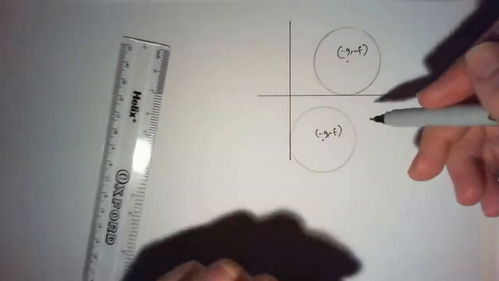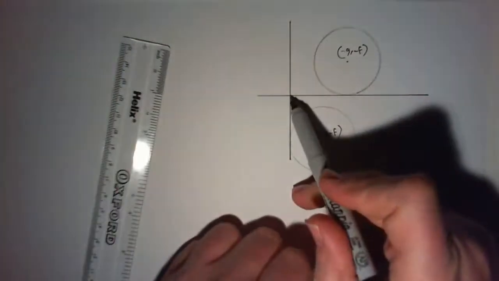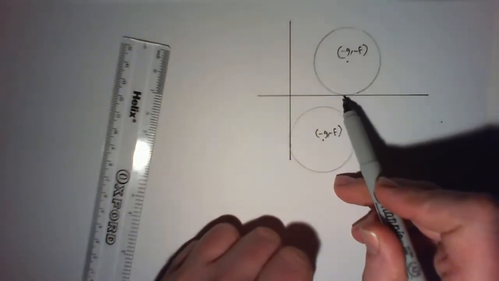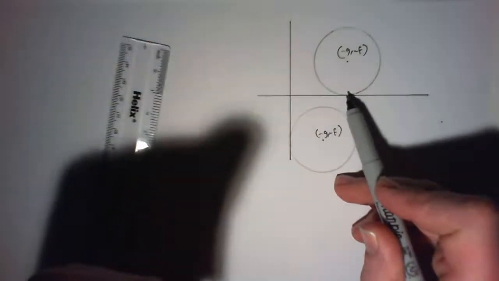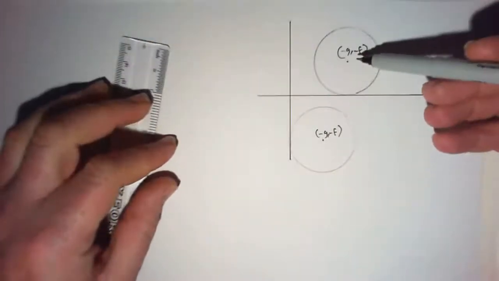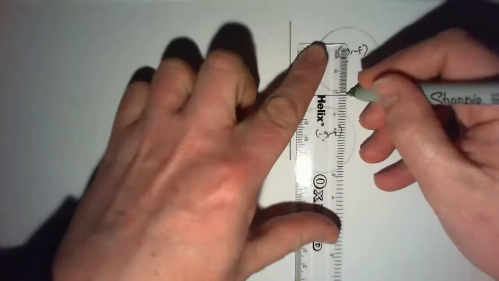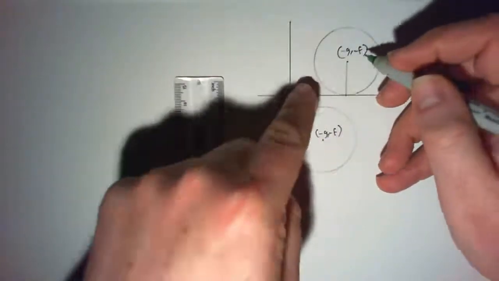If you look at it very carefully, there to there is your g value, the absolute value of g. And from there to there, and this is the important bit, what does that represent? Isn't that the y element of your coordinate?